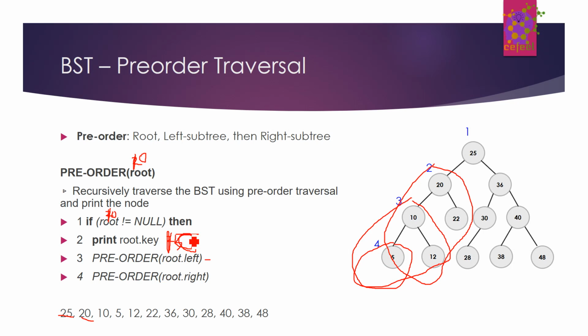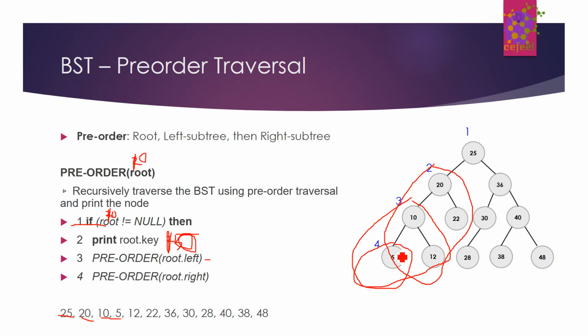Now what happens here? It will again call root.left on 5, but root.left is null. So null will be passed, and in the next step this call will fail, due to which it will return. So after it has printed 5, it will no longer go into further recursive calls.